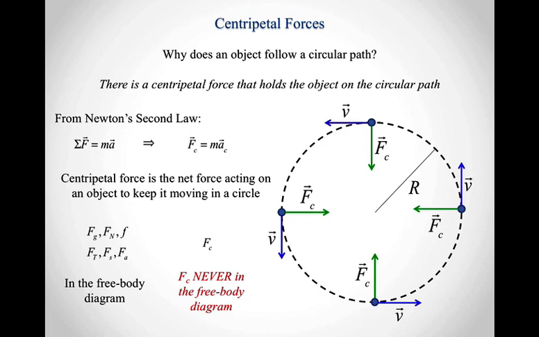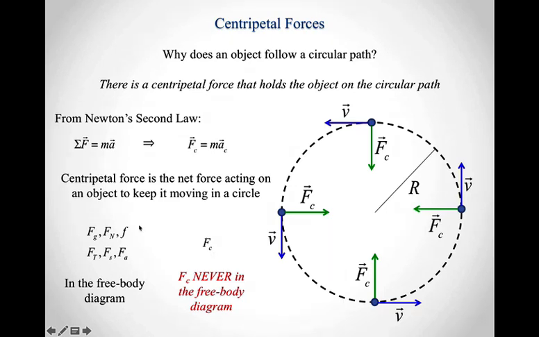The centripetal force is not a force that we draw into the free body diagram because it doesn't go on the sum of the forces side of the equation. It is the ma side of the equation. The way Newton's second law works for a uniform circular motion problem is that the sum of the forces acting on the object equals the centripetal force.